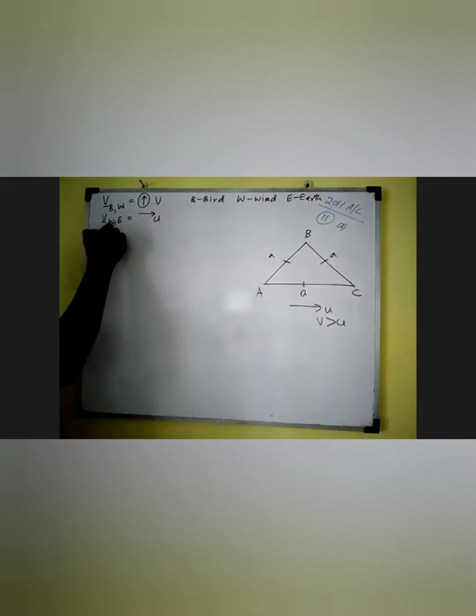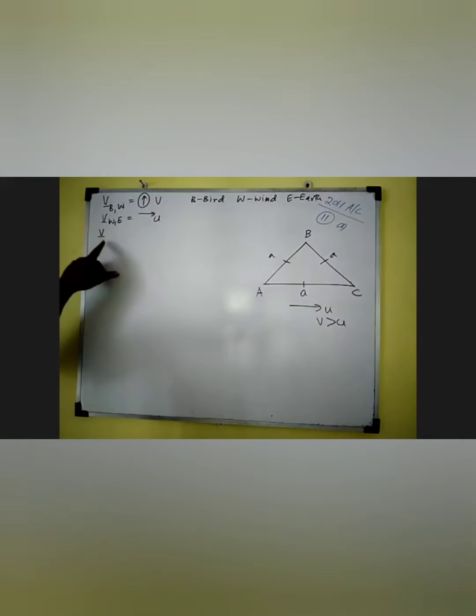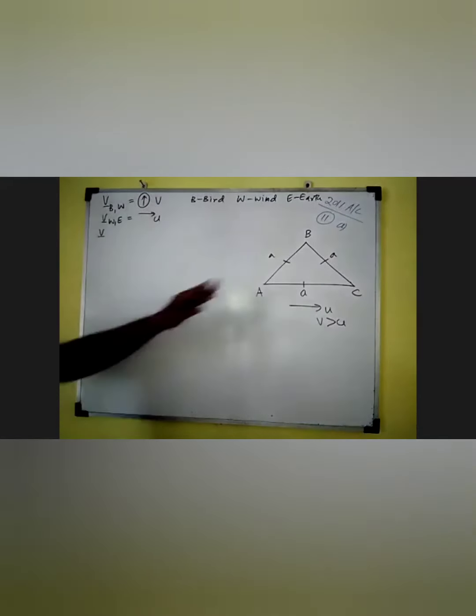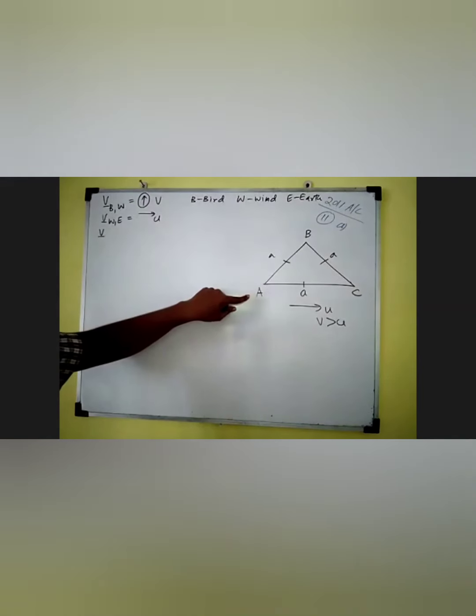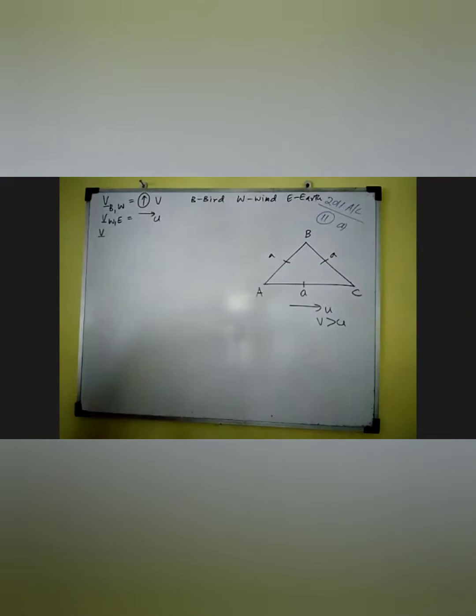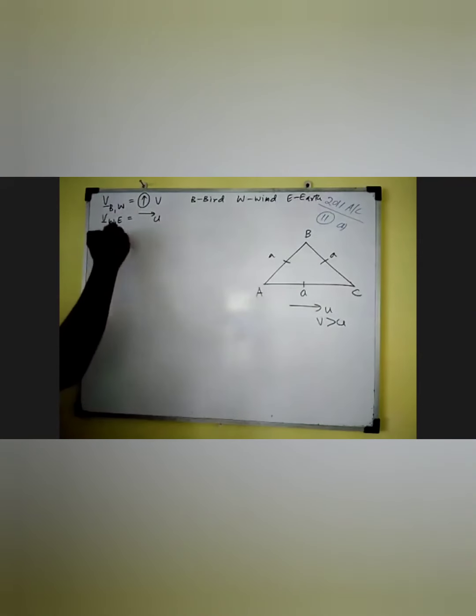Now what we want is the velocity of the bird relative to earth. That is the missing velocity, because we know the direction of the bird relative to earth, A to B, but we don't know the magnitude. Only the direction is given. And according to relative velocity theory, we can take a different letter here.